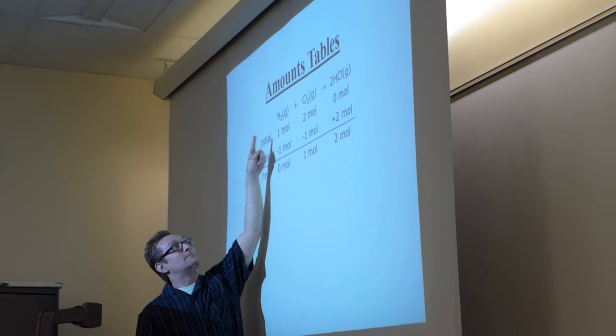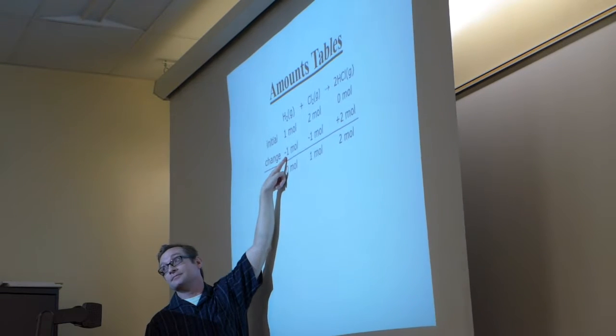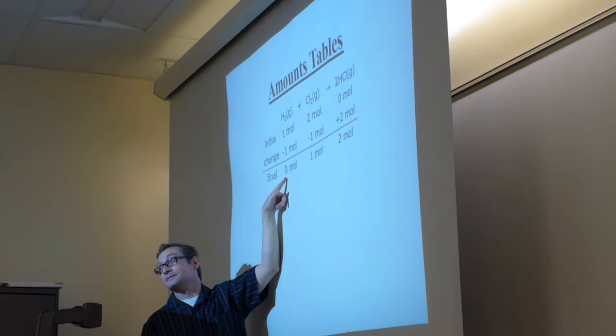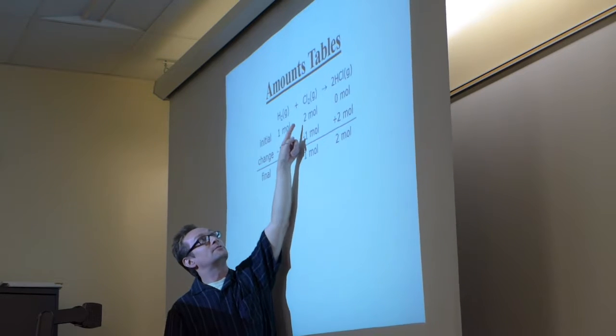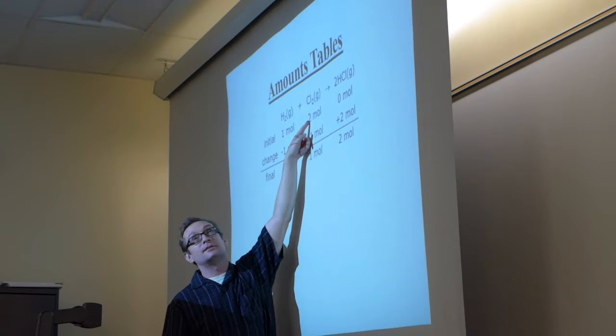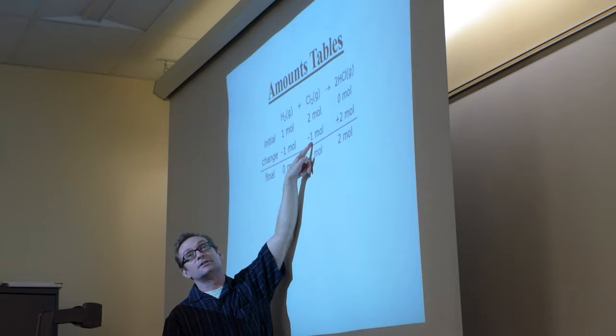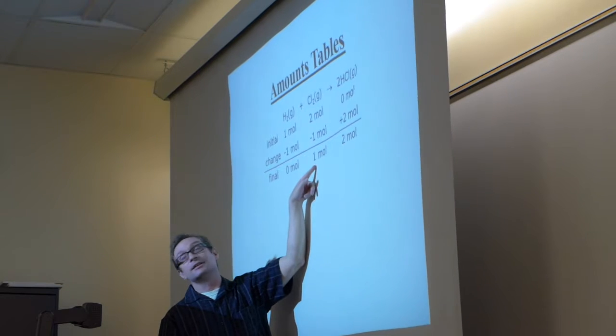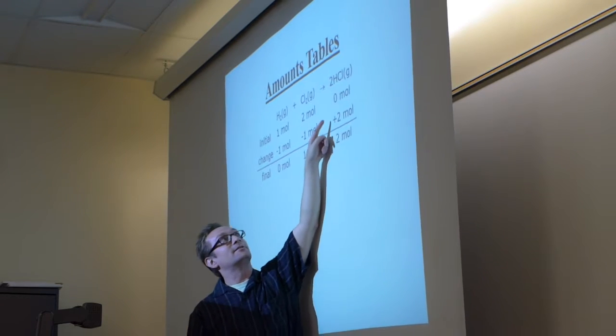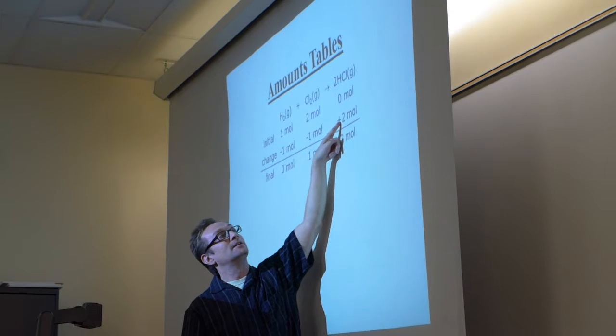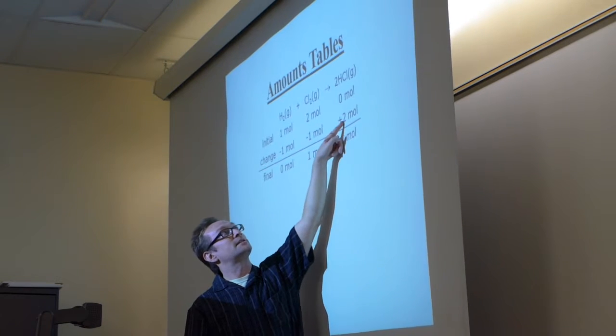So 1 minus the 1 mole I'm losing equals 0. 2 moles of chlorine gas minus the 1 mole of hydrogen that I'm losing equals 1 left. 0 plus 2 gives me 2. Why is this 2?